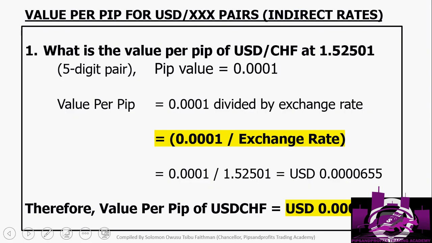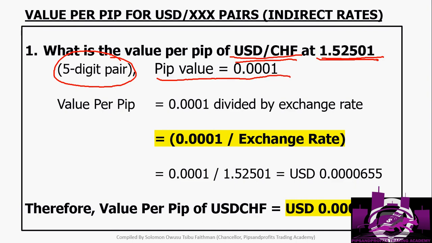All right. This is an example we have. What is the value per pip of USD CHF at this particular price point? Now, USD CHF is a 5-digit pair. So the pip value is going to be 0.0001.